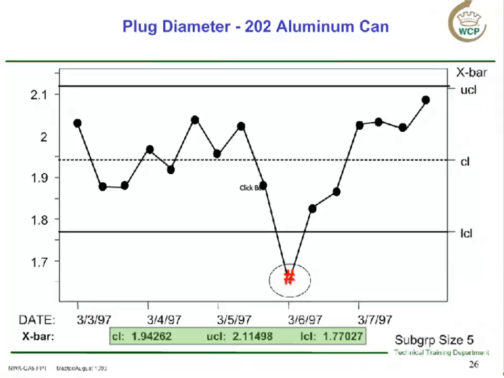This is the same chart, but with some new lines added. Note the horizontal lines marked UCL, standing for upper control limit, CL, standing for center line, and LCL, which stands for lower control limit. The value at which these lines exist on the chart is below, highlighted now in green. There is also a point circled with a red hashtag that is clearly below the lower control line.